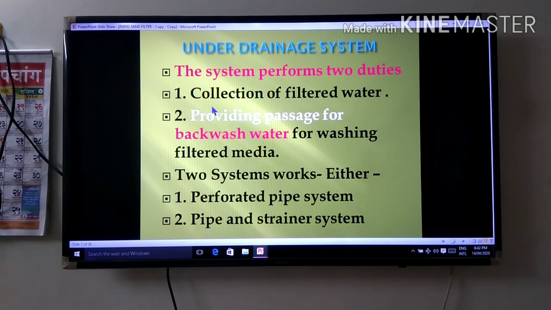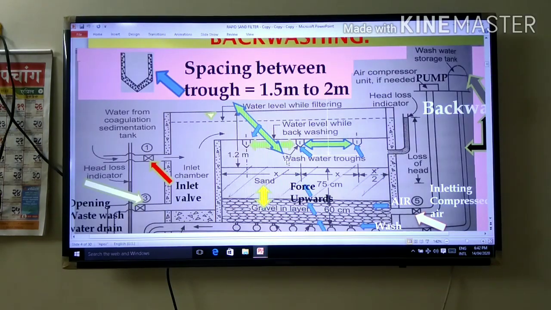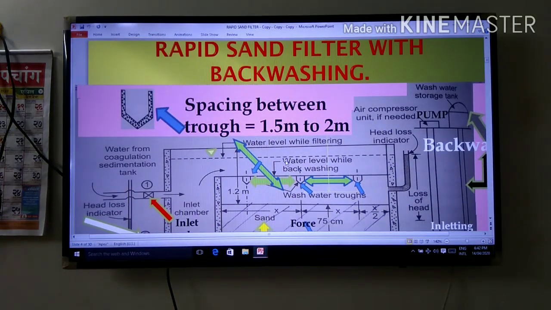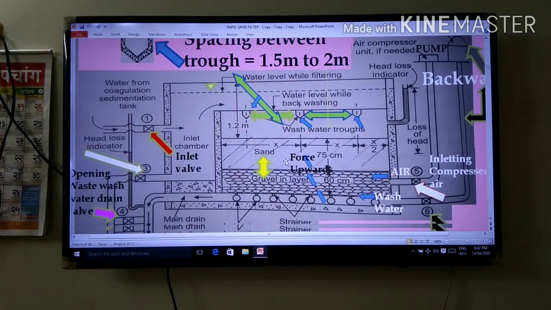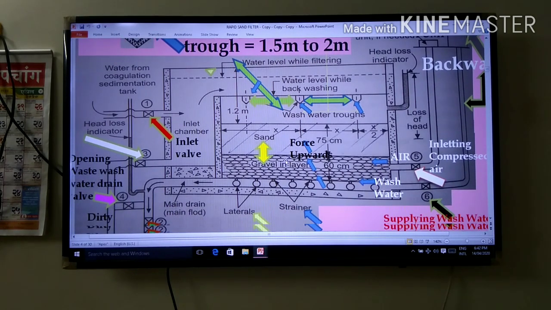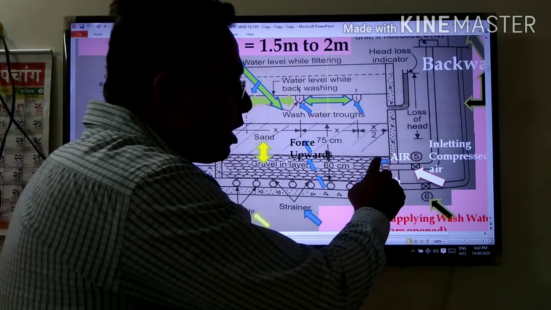First we have to look at the image of the rapid sand filter with backwashing. You already know the base material is here.